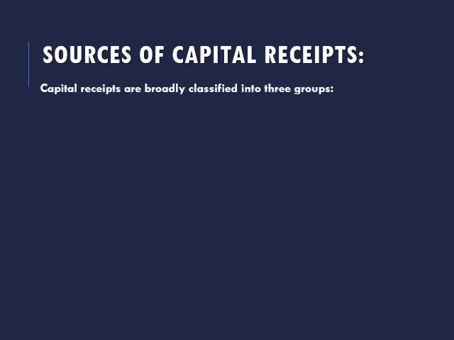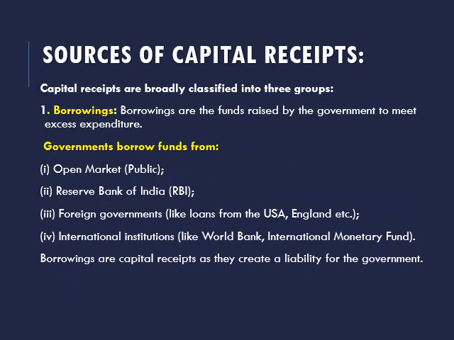So the source of capital receipts is borrowing. You will borrow money from the open market, from RBI, from foreign governments, international institutions. You will borrow money, and this borrowing will increase the liability for the government. This will create liability for the government.